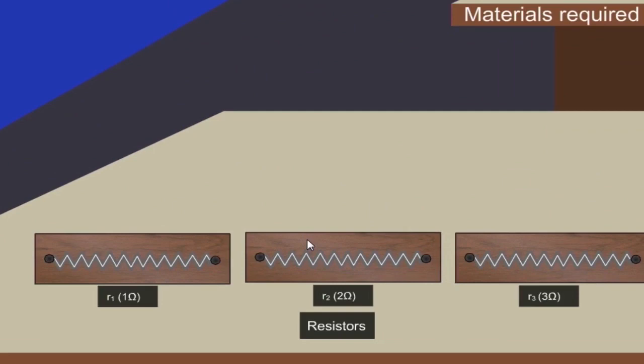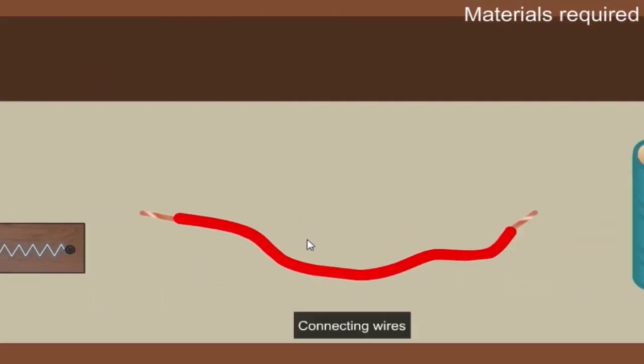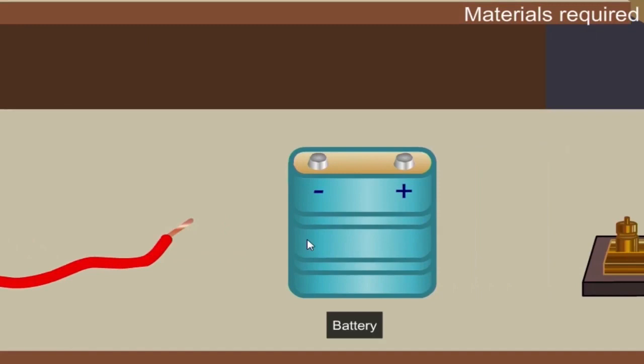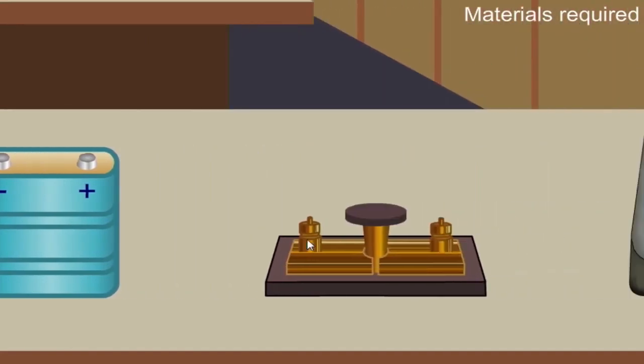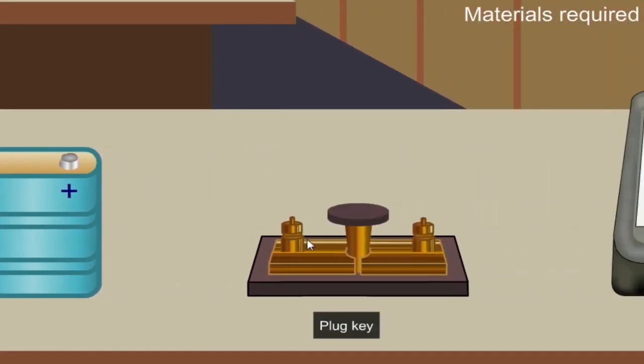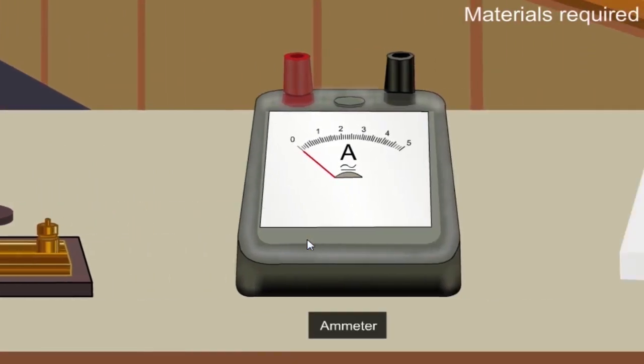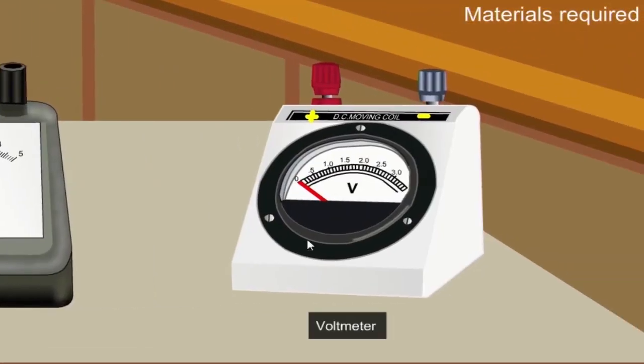Then we will be requiring connecting wires, a battery, a plug key, an ammeter to record the amount of current and a voltmeter for measuring potential difference.